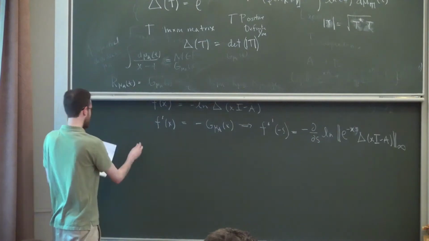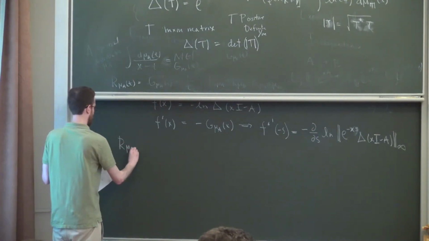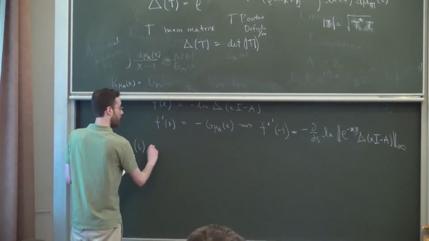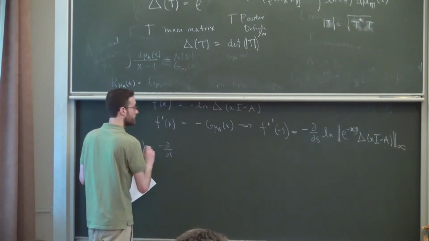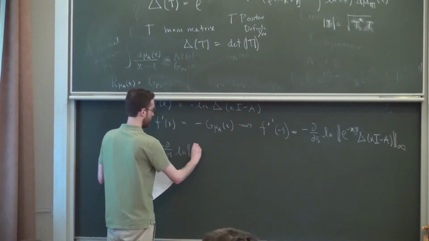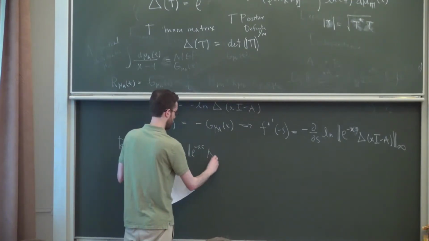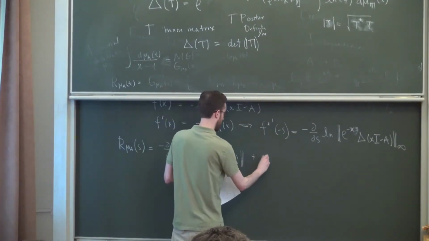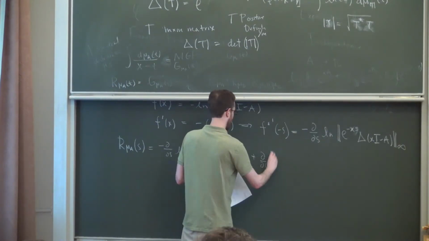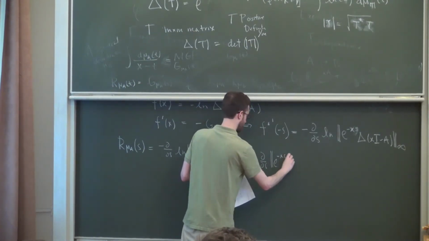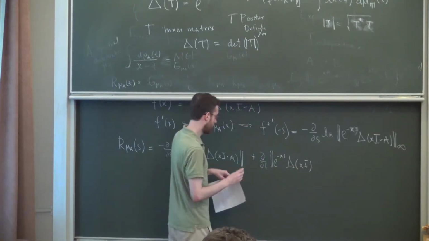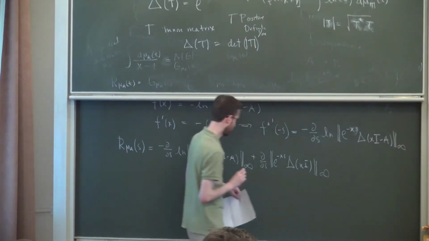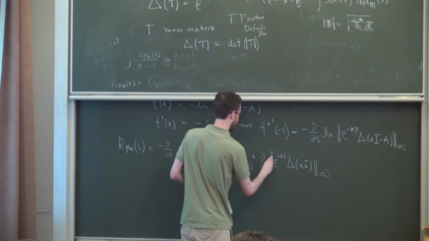Okay, so in other words, I can write this R transform as R mu A of s is minus partial over partial s of the natural log of e to the minus xs, natural logs, sorry.